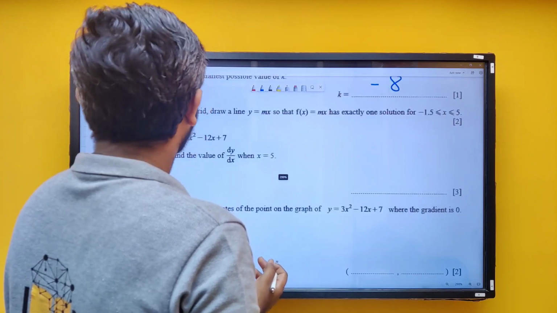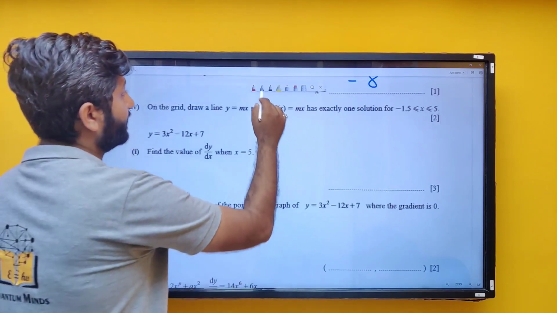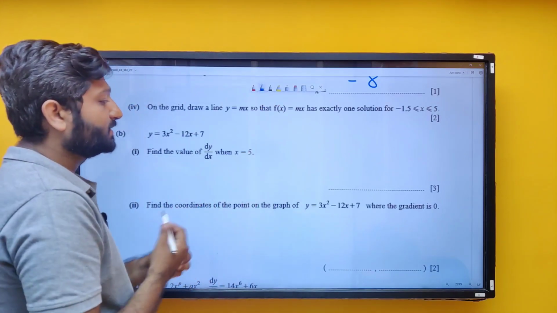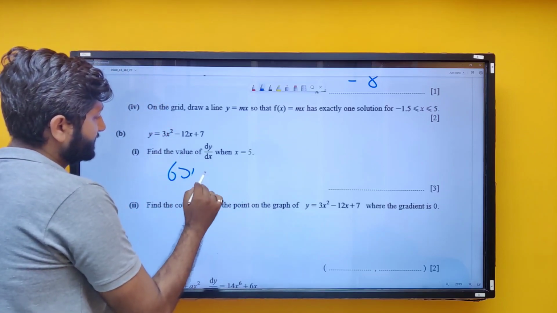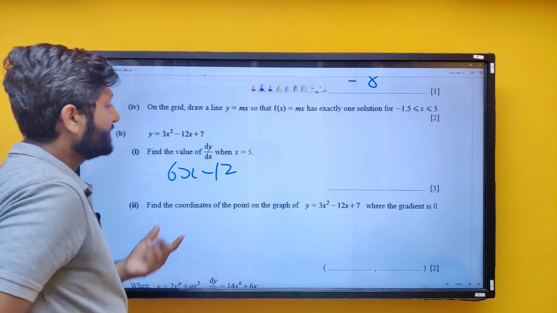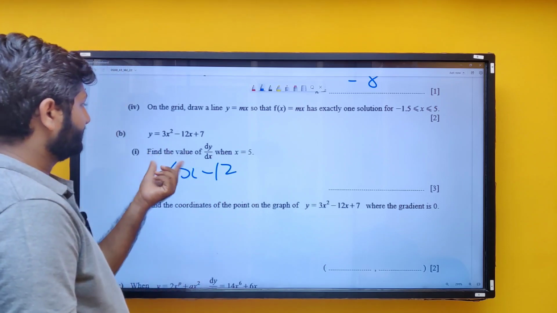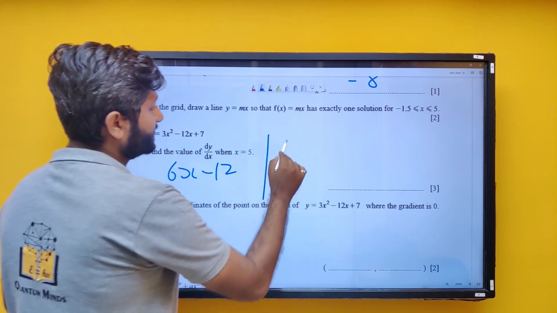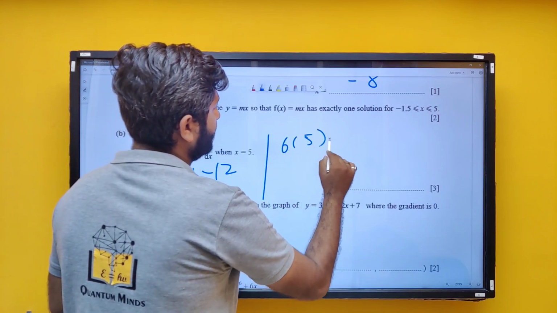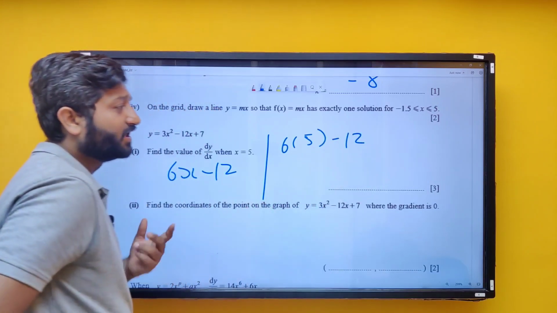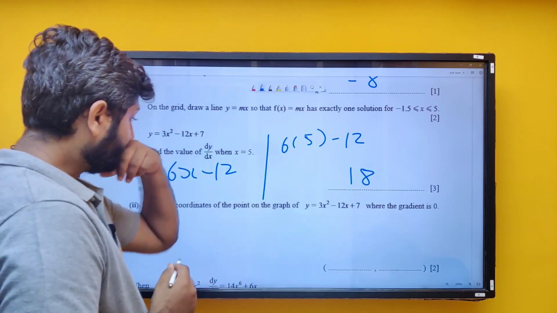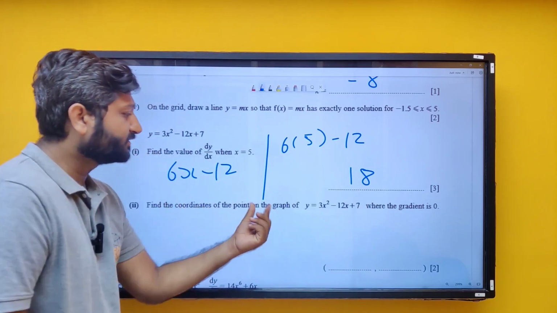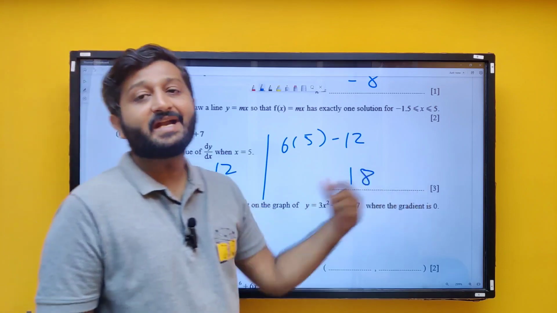Let us move to the next part of the question. Y equals 3x square minus 12x plus 7. Find dy by dx when x is 5. So dy by dx is going to be 6x minus 12. I am supposed to find the gradient when x is 5, so 6 into 5 minus 12, so 30 minus 12, that is 18. Next, find the coordinates of the point on the graph where the gradient is 0.